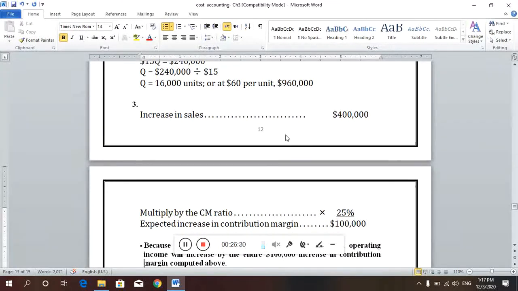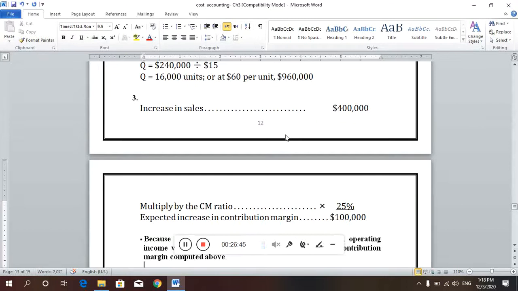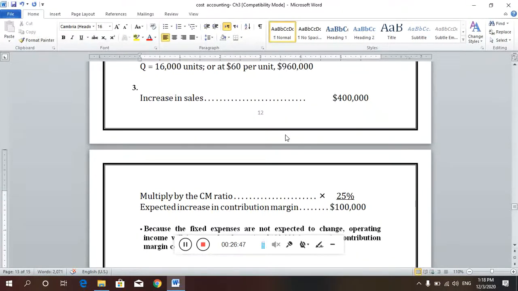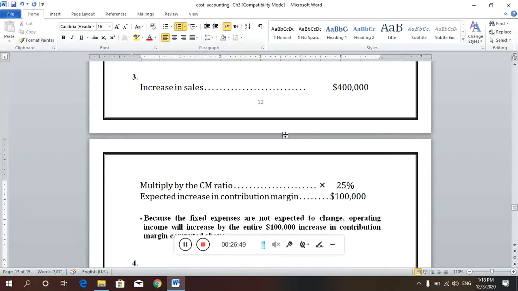The expected increase in contribution margin will be $100,000. So the operating income will increase by the total amount of increase in contribution margin, which is $100,000, because the cost pattern remains unchanged.